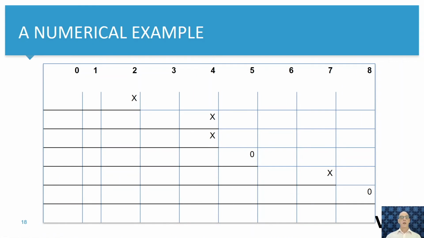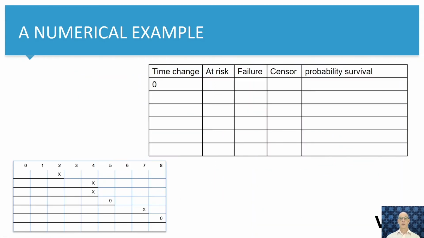We have a very small cohort that is followed up over 8 time periods, and we have 1, 2, 3, 4, 5, 6 participants followed up in these 8 periods. And they either have an event with an X or they do not have the event with a 0 but are lost to follow-up. And for each of the periods we're going to calculate the risk of occurrence in that period.